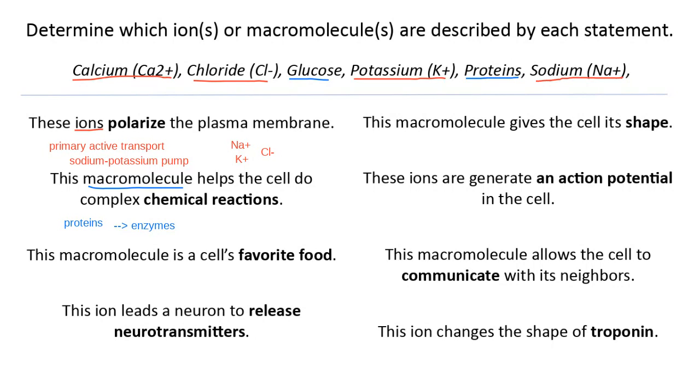So when we talk about one of the functions of proteins in a cell, its job is to act like an enzyme, or its job is to make chemical reactions happen more quickly. If we didn't have any enzymes in the body, you probably wouldn't survive because it would take way too long for your body to do things. So one of my functions of proteins is to act like enzymes, to make chemical reactions happen.